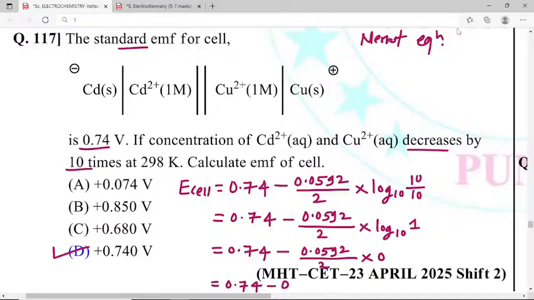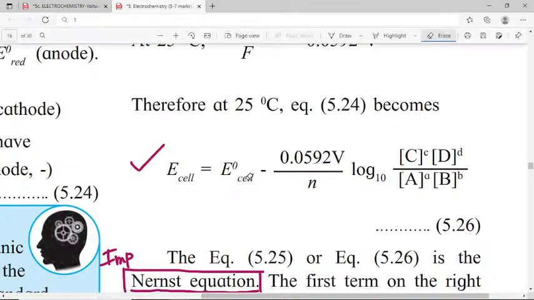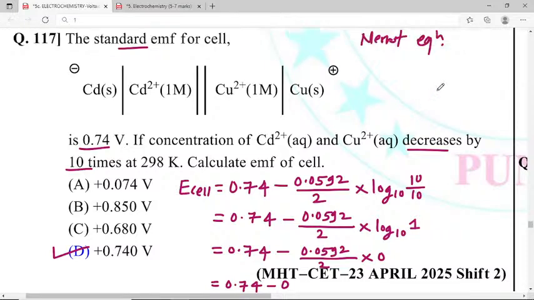Question number 117. Next equation: E cell is equal to E naught cell minus 0.0592 divided by n, log of concentration of product over concentration of reactant. Okay, next question.